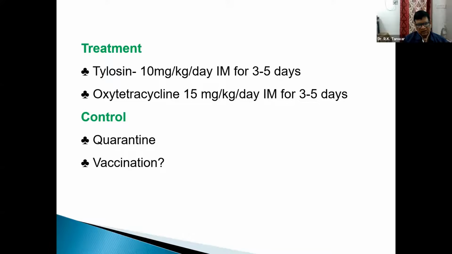There is no vaccination in India for CCPP. Quarantine, I think the flock owner has no facility to quarantine the affected animals. So ultimately, all the animals are affected. In Rajasthan, we have one facility that there is a free drug for animals. So the owner comes and takes the oxytetracycline and injects all the animals on their own.